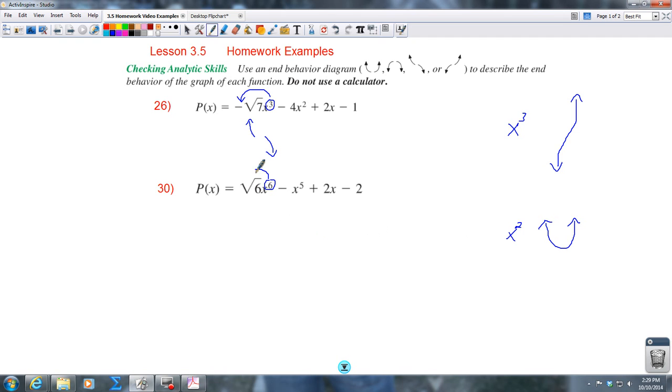Because it is positive, we're going to have the same characteristics as the original parabola. We just don't know what's going to happen in the middle. So this one again is up to the left and up to the right. And again, we don't connect it because we don't know what's in the middle. And that's number 26 and number 30.